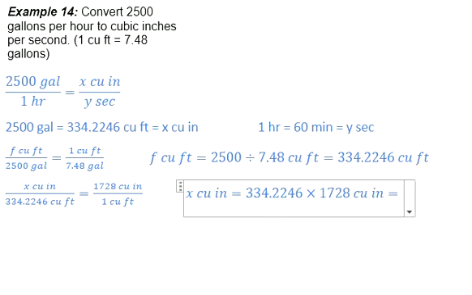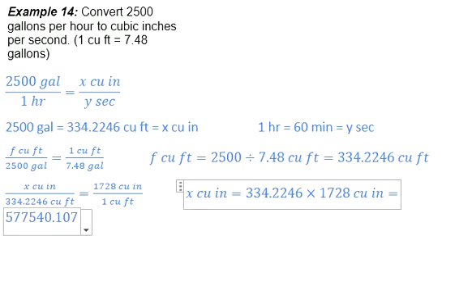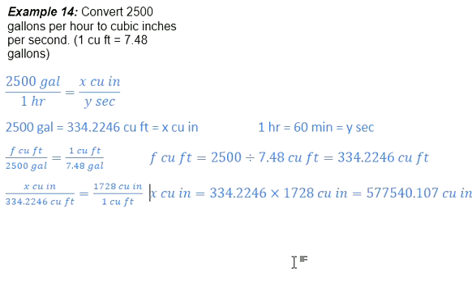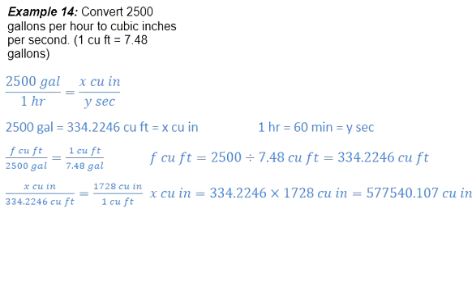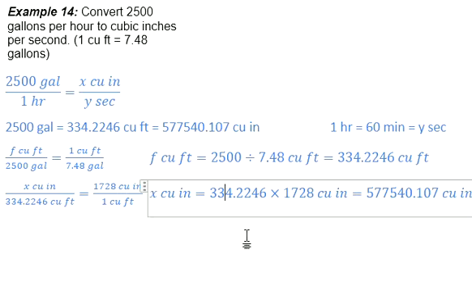And 334.2246 times 1,728 is going to give you 577,540.107 cubic inches. So now I can put that here for x, 577,540.107. Okay, so now I have the numerator, so working on the denominator.